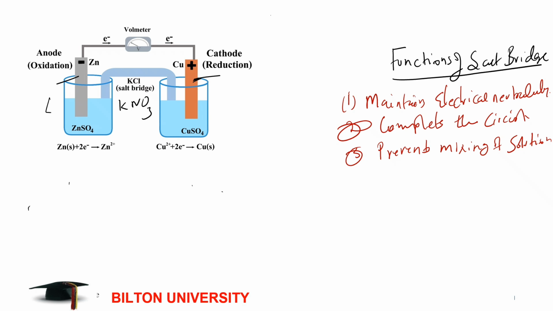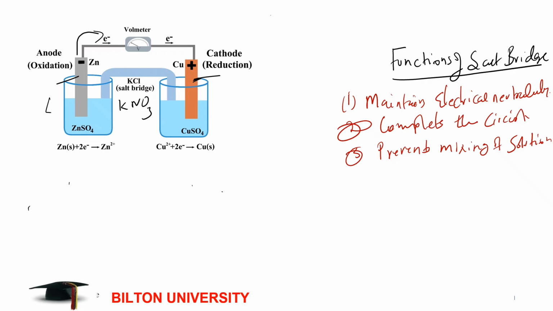We are going to see the functions of these ions, potassium and chloride ions, or potassium and nitrate ions, when we focus on the functions of the salt bridge. There's also a voltmeter, and during the reaction the electrons will flow from the anode towards the cathode. So that's the direction of flow of the electrons.